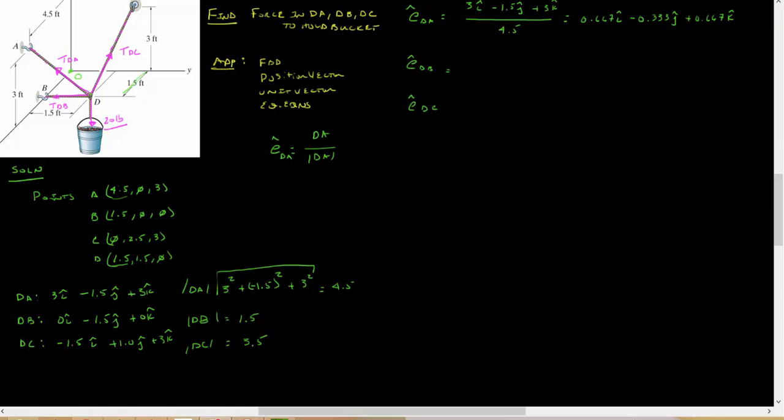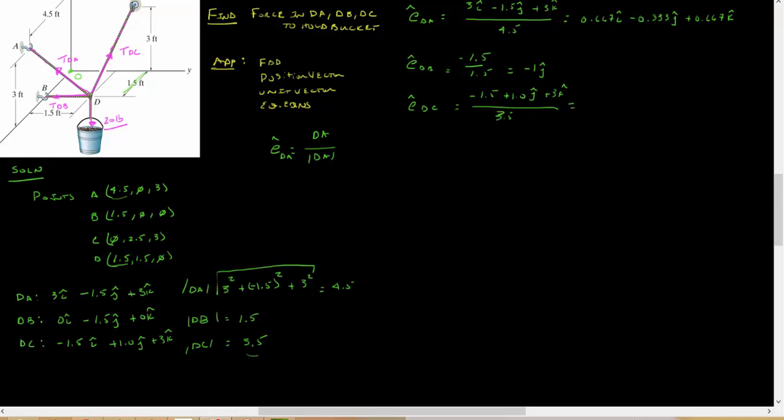Here, we're just going to have 1.5 over 1.5. This was negative, so we're going to have a negative 1j. And then EDC, we had negative 1.5i plus 1.0j plus 3k, all over our magnitude of 3.5.